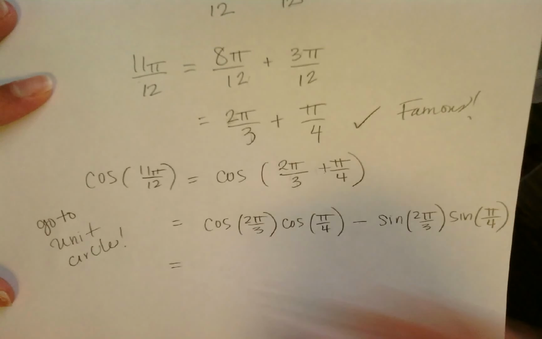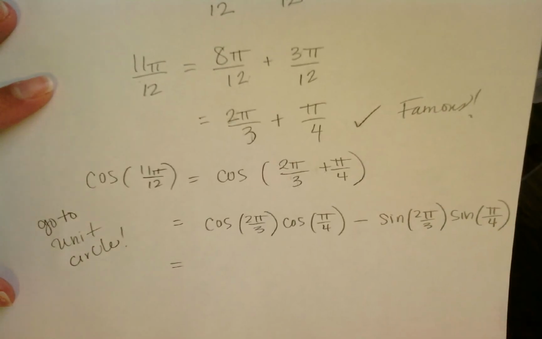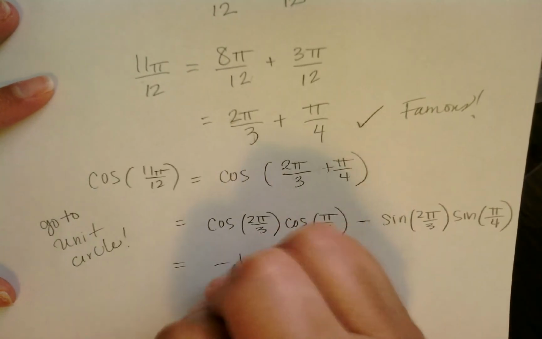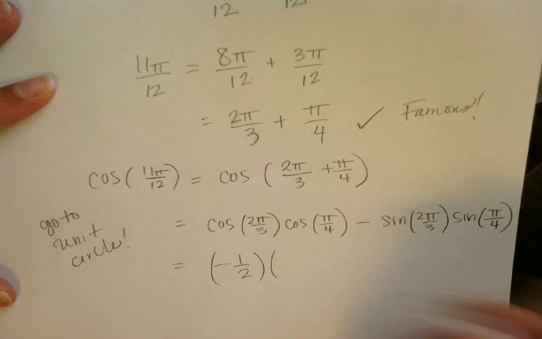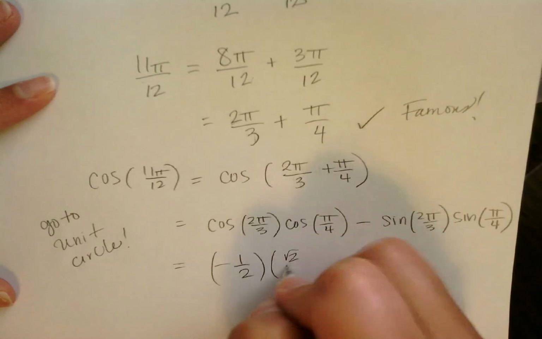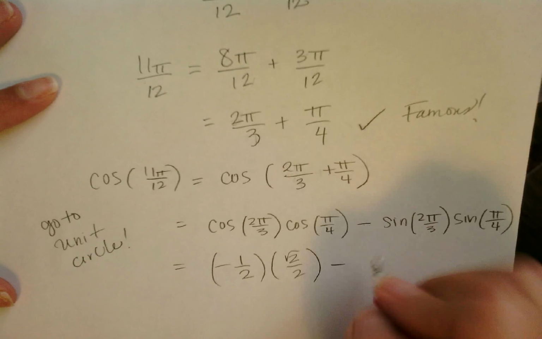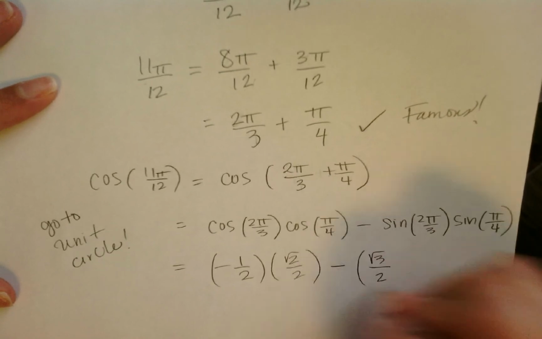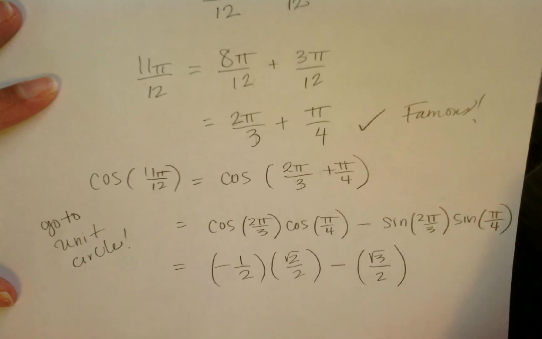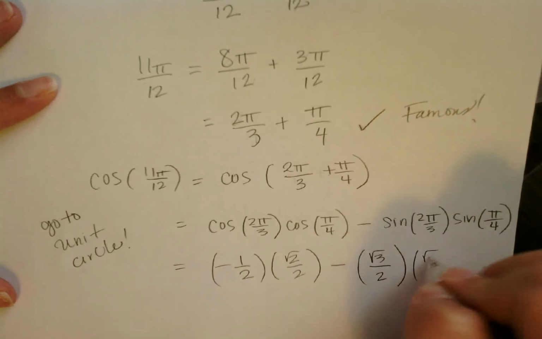Alright, cosine of 2 pi over 3, that's the second quadrant, so that's negative 1/2 times cosine of pi over 4, square root of 2 over 2, minus sine of 2 pi over 3, square root of 3 over 2, times square root of 2 over 2.